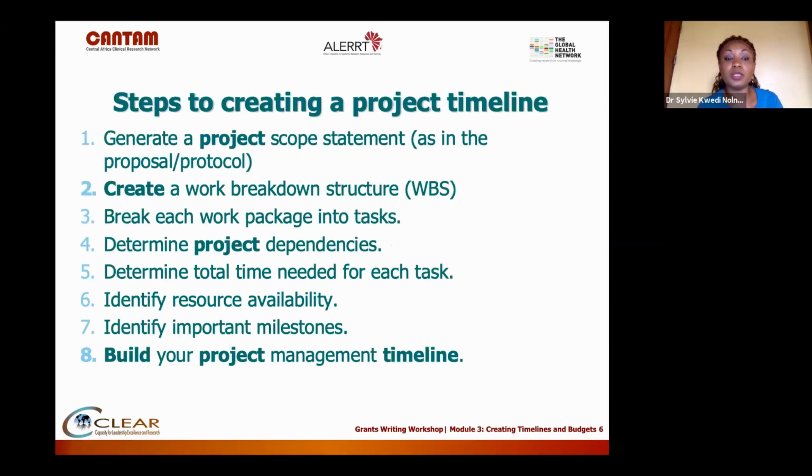Now, in creating a project timeline, first you have to have your scope of work, meaning what needs to be done, either in your protocol or in your proposal. Now, the way I learned it when I was taking project management courses, I learned to do a work breakdown structure.